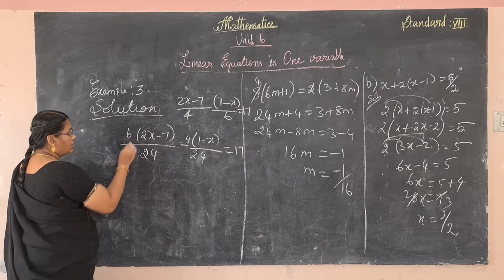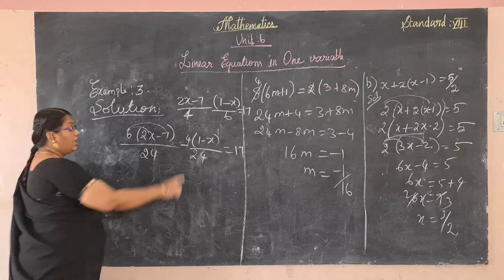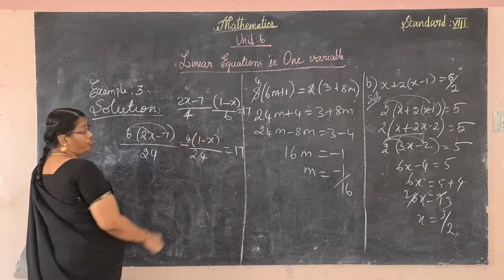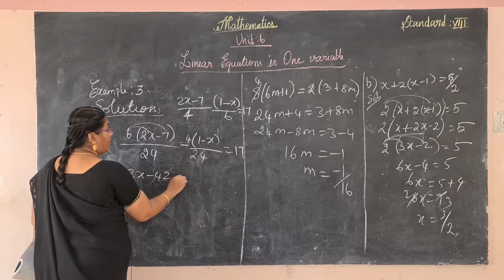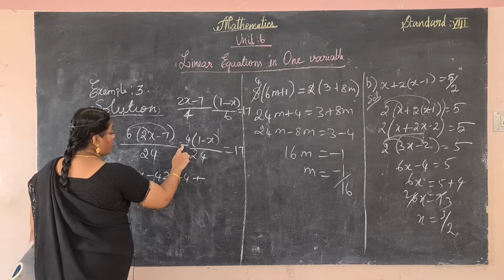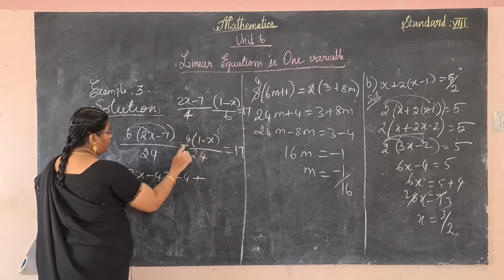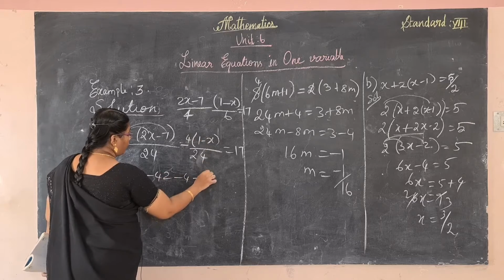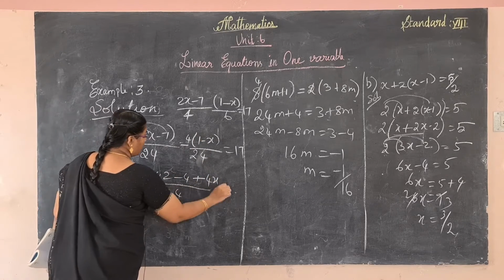Add the numerators. So multiply each term by 6 here, and here multiply each term by 4. Okay. So 12x minus 42 minus 4, carefully multiply with sign: minus 4 into minus x is plus 4x. The denominator is 24, equal to 17.